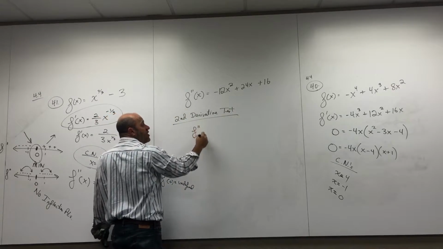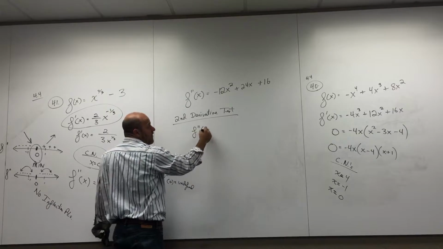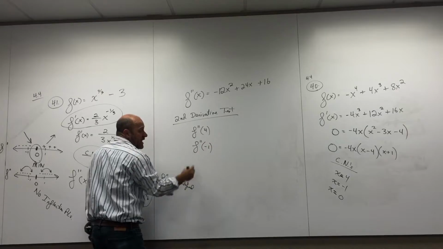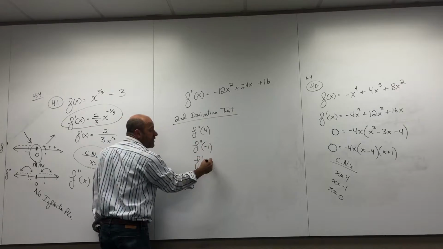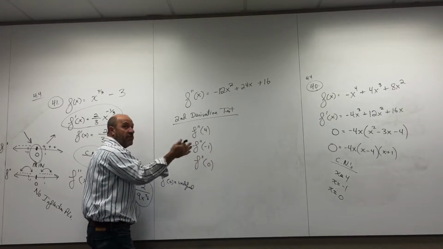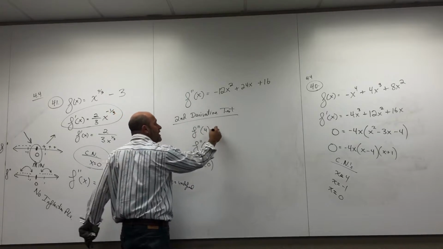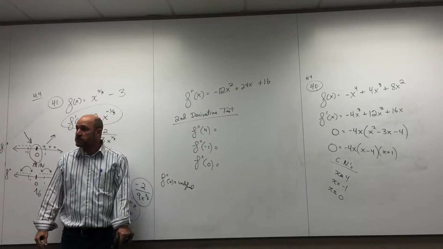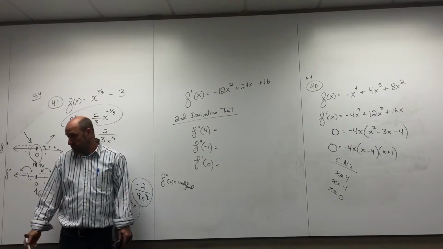So I want to check f double prime of 4, f double prime of negative 1, and f double prime of 0. If it's positive or negative, I'll learn whether these are mins and maxes. That's the game.